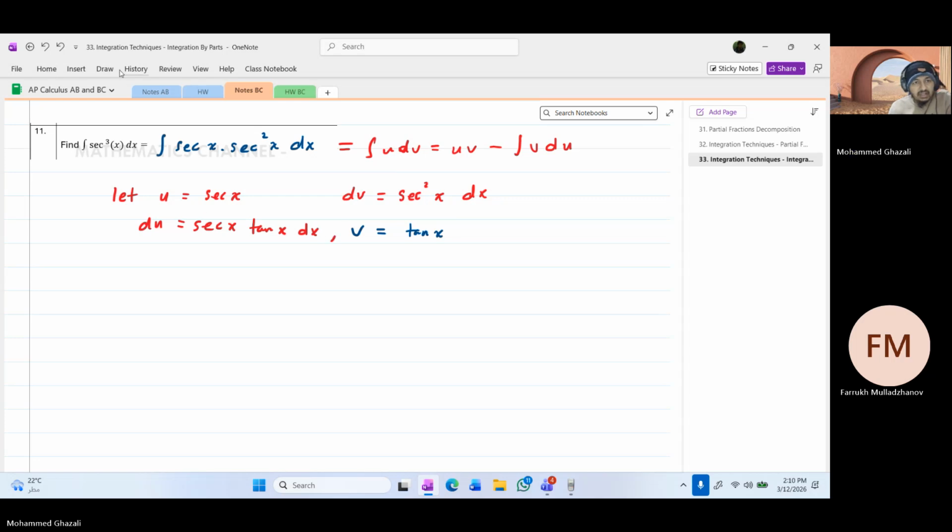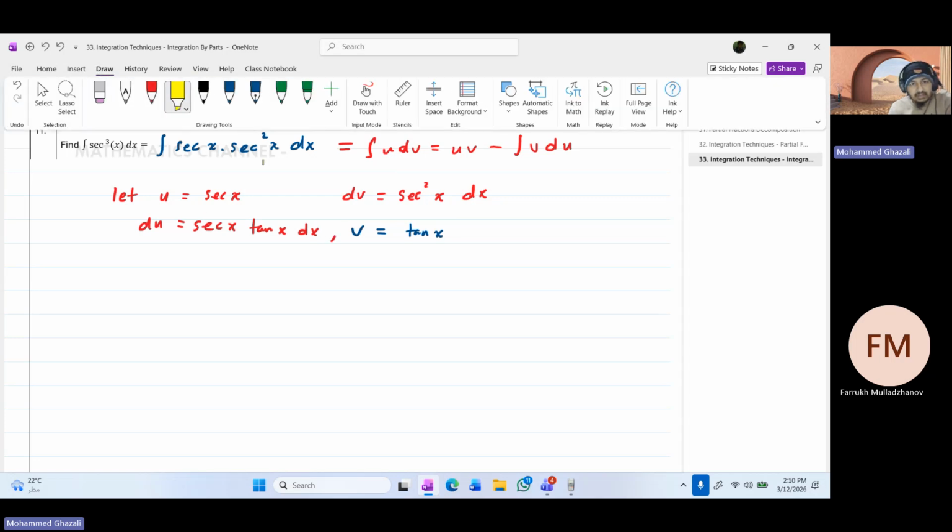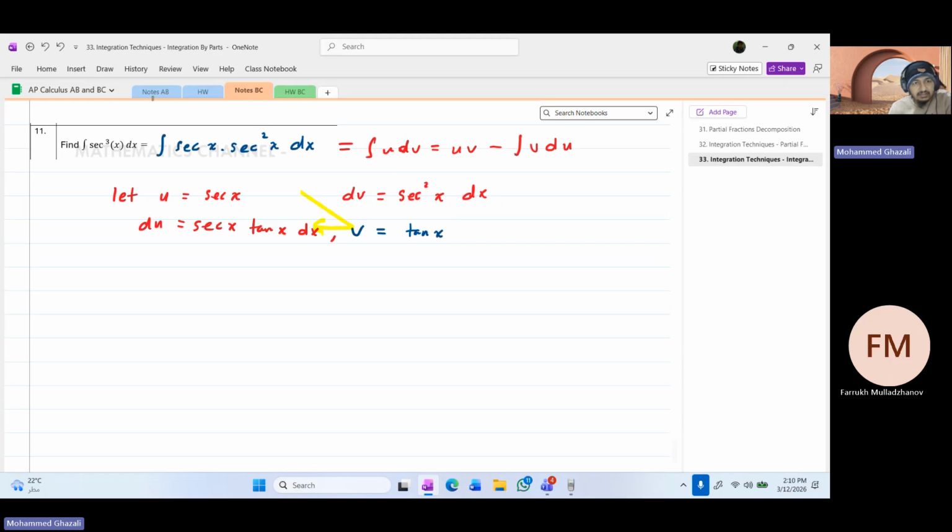dx. Remember what we are doing? We're multiplying it out like this and then subtracting.